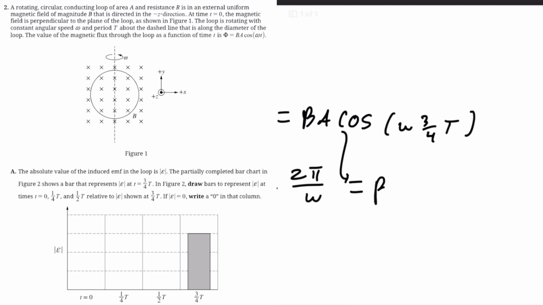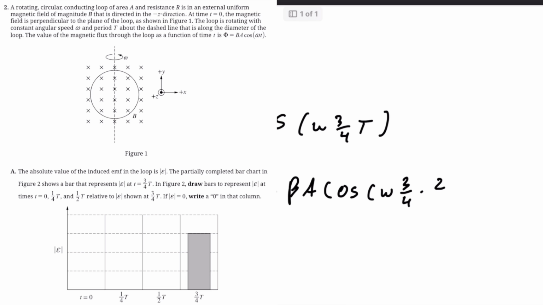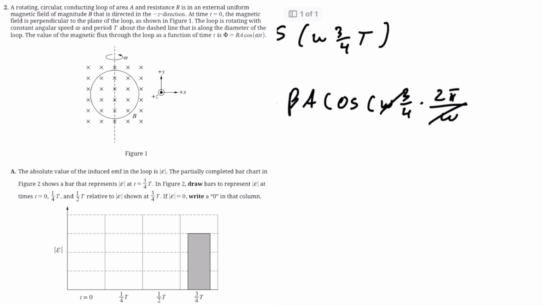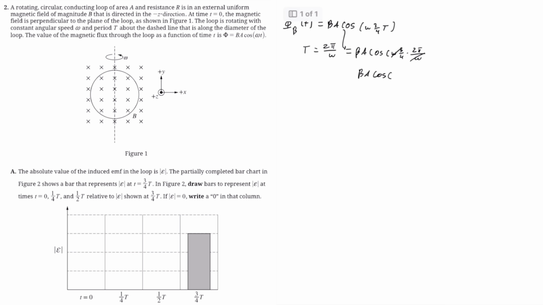It's BA cos(w times 3/4 times 2 pi divided by w). So these w's cancel, right? And now this becomes BA cos. Oops, I did something wrong. Forgive me. Okay, so that's the magnetic flux as a function of time.